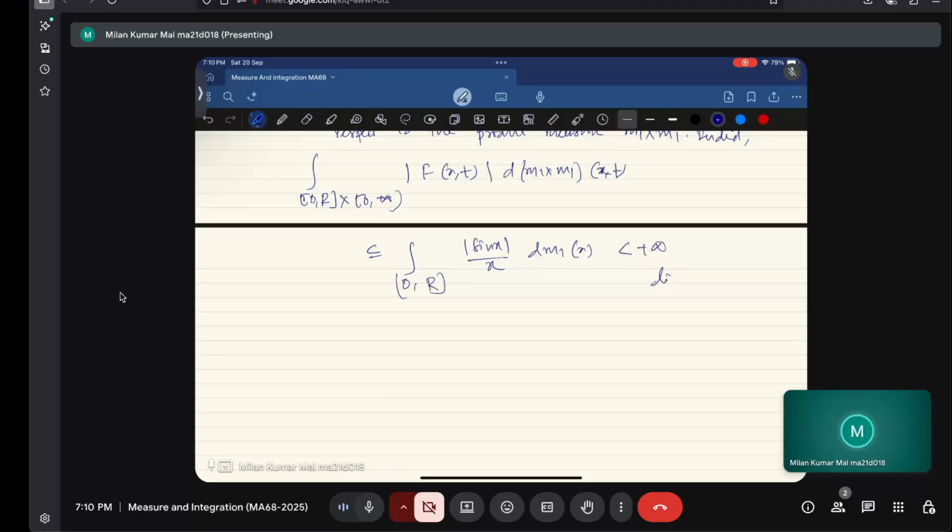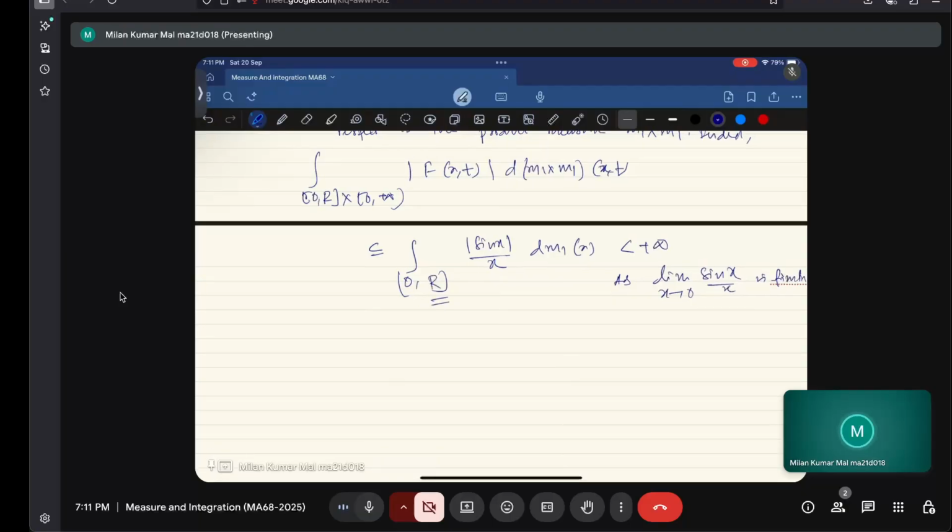Why? The limit as x tends to 0 of sin x by x is finite, and the other side is also finite, so therefore this is finite, so this will exist, there is no problem.